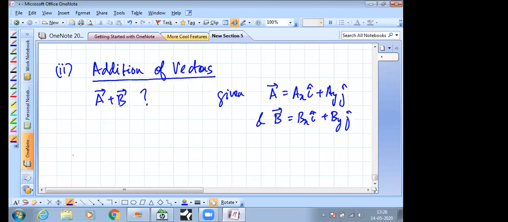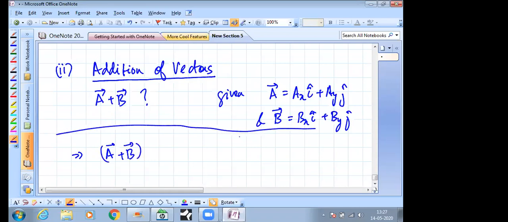So given this, now we can see A plus B. Now we're solving this. Okay. Now just substitute A in the component form, because it was given like this. So it's ax i cap plus ay j cap plus B, which you substitute in the component form again.